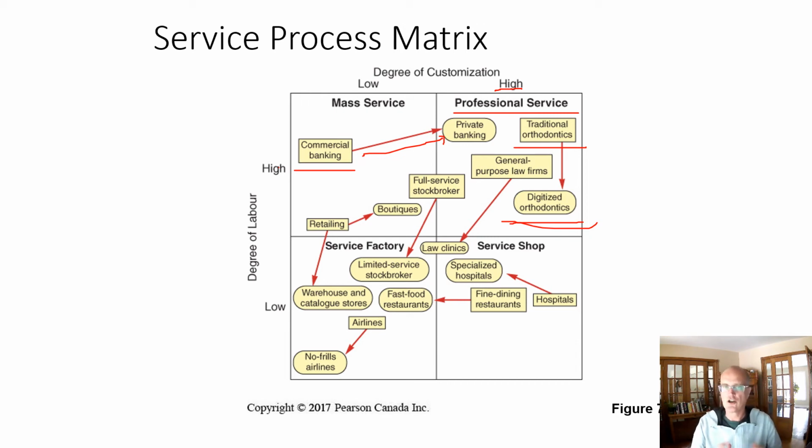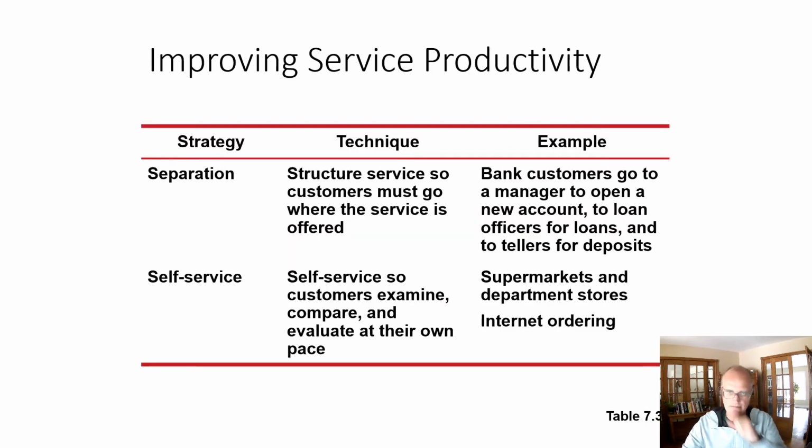So the degree of customization, mass service versus service shop. So this is product focus up here. This is process focused, where an individual client may have a different set of needs. Each individual client will have a different set of needs.